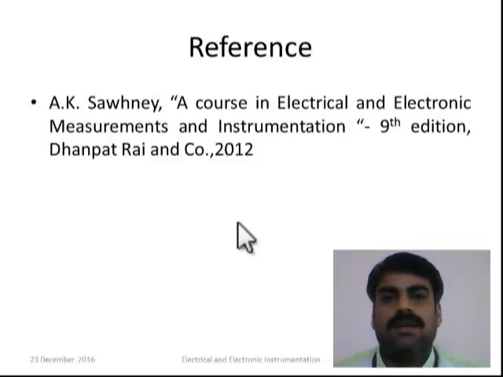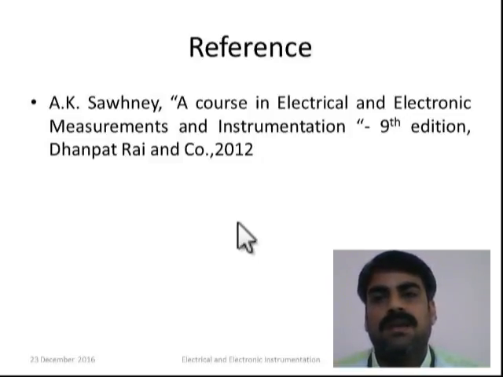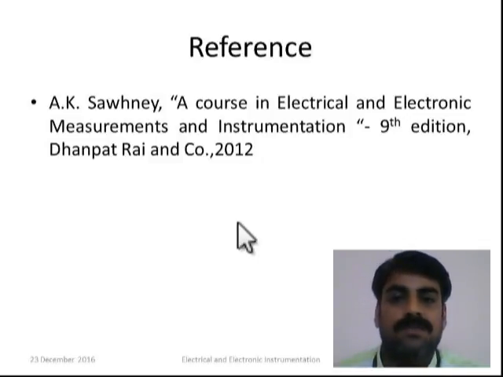And later we started potentiometers. First we had a discussion on DC potentiometer concepts, and we saw different types of them.